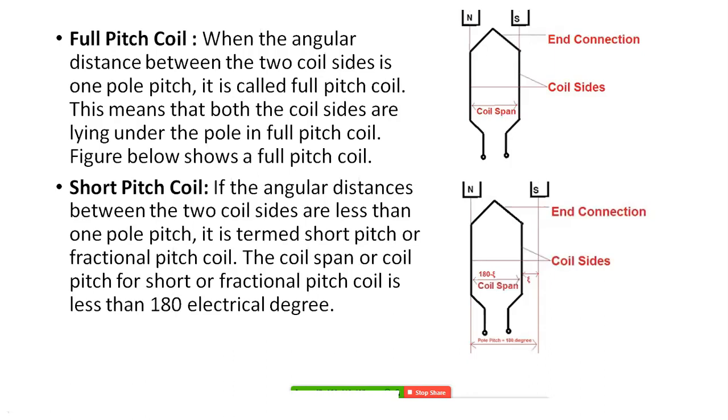Electrical means the distance between the north pole and the south pole is 180 degrees electrical. For mechanical, we already know the degrees: 180, 360, 90. So for a full pitch coil, the distance between the two sides of the coil is one pole pitch, and less than one pole pitch, or less than 180 degrees electrical, is known as a short pitch coil.